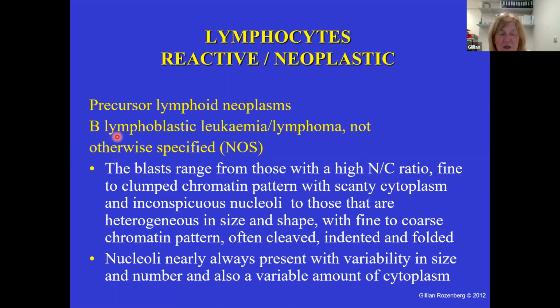So we're going to talk now about B lymphoblastic leukemia/lymphoma, not otherwise specified. So the blasts range from those with a high NC ratio, fine to clumped chromatin pattern with scanty cytoplasm and inconspicuous nucleoli.